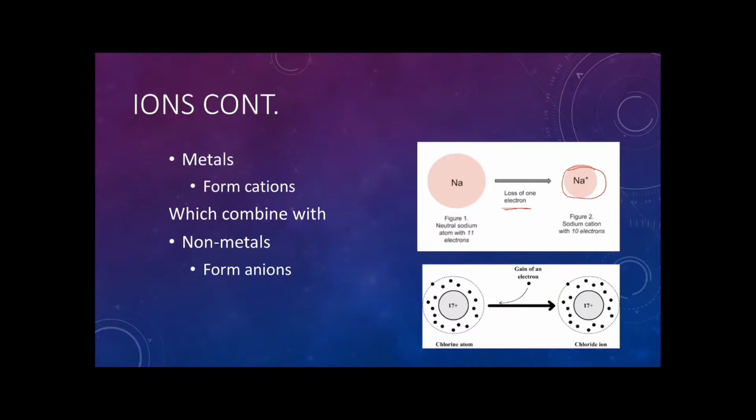In the next picture I have here, I have chlorine, and it gains an electron, and it forms a -1 anion. If you take a look at your periodic table, it's in group 17, and typically all of these, your halogens, they form -1 anions.